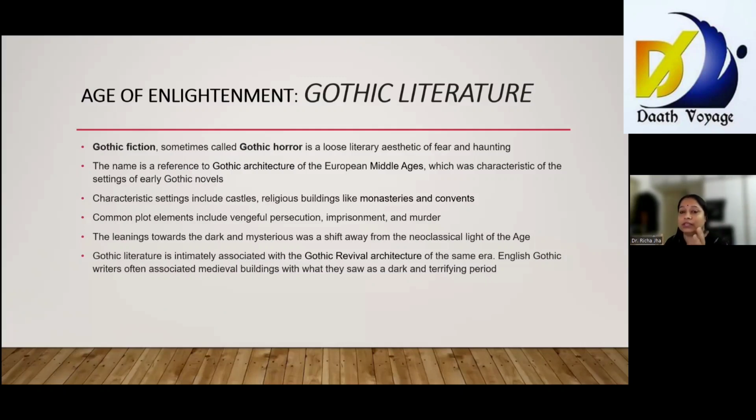They can't move out. They need some help, some divine intervention to be saved from the horrific. And the common plot elements include vengeful persecution, imprisonment, and murder. The depiction of horrible events in Gothic fiction often serves as a metaphorical expression of psychological or social conflicts.